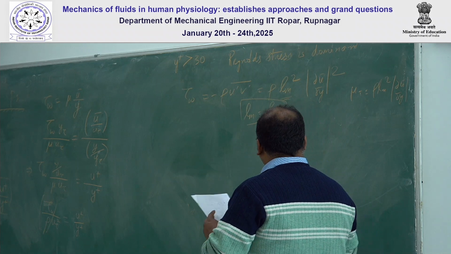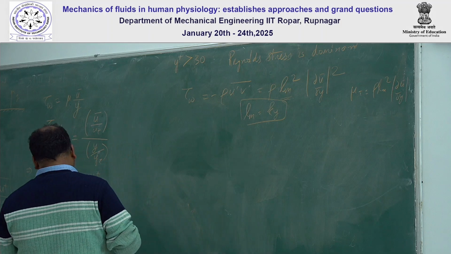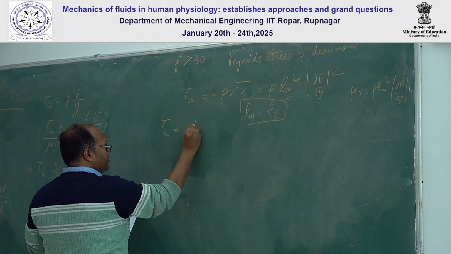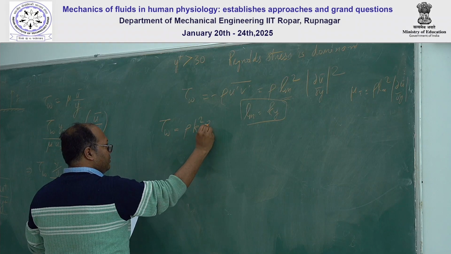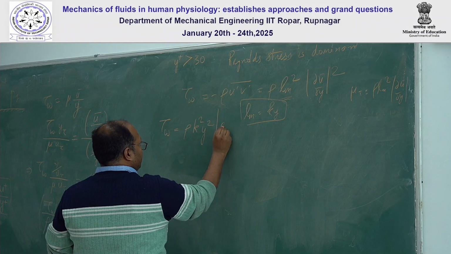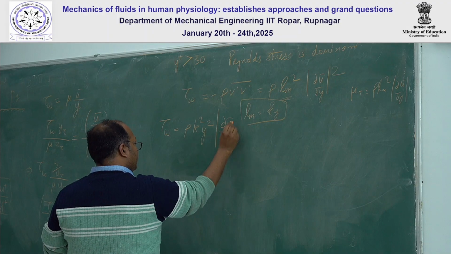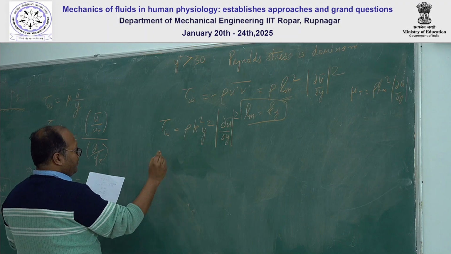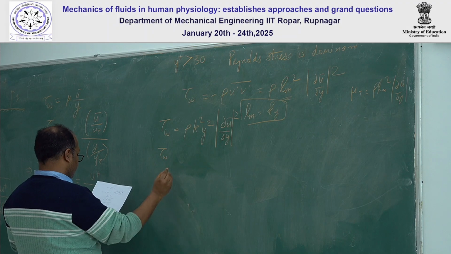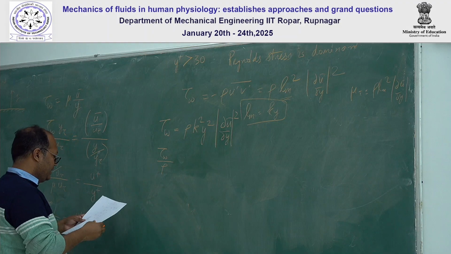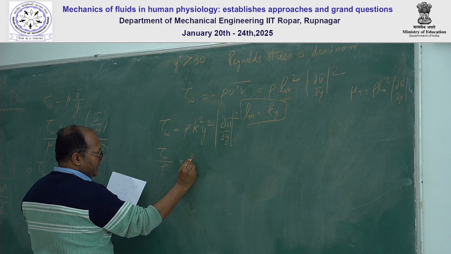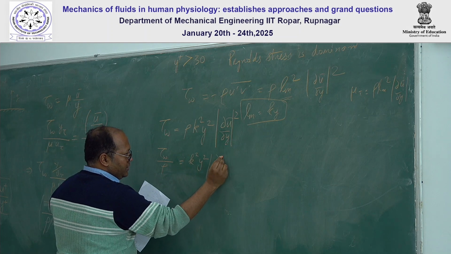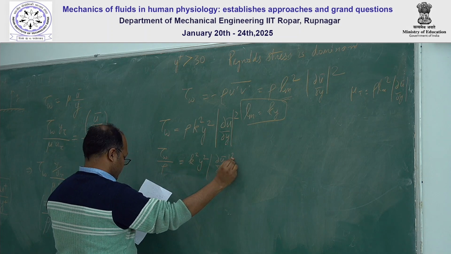So let's characterize it like this: tau w equal to rho k squared y squared (del u bar by del y) squared.